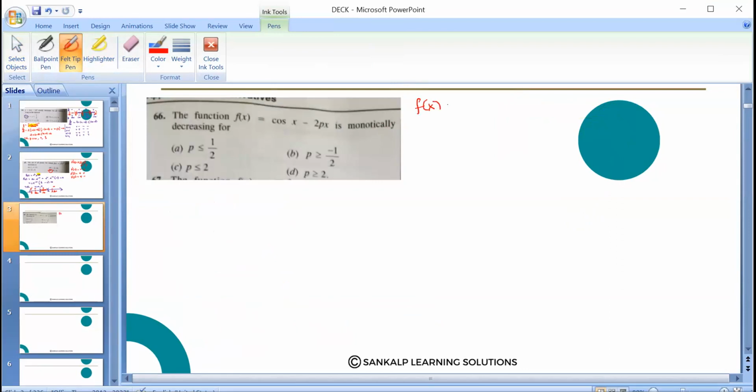So take the function cos x minus 2px. The derivative of cos x is minus sin x. Minus 2p is a constant, x derivative is 1. So set it equal to 0. Sin x equal to minus 2p.